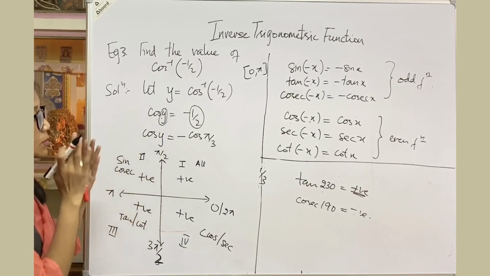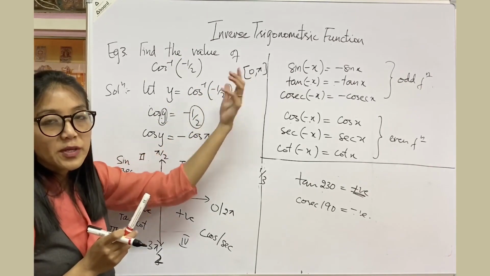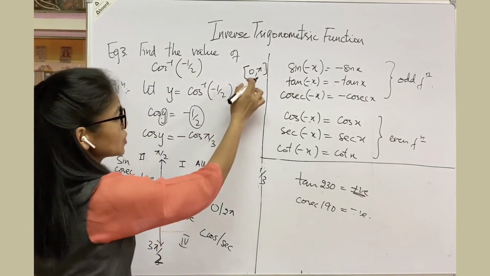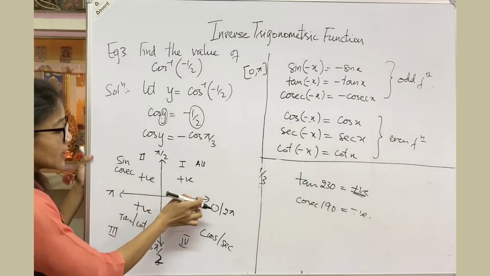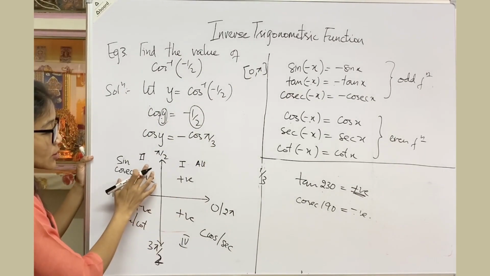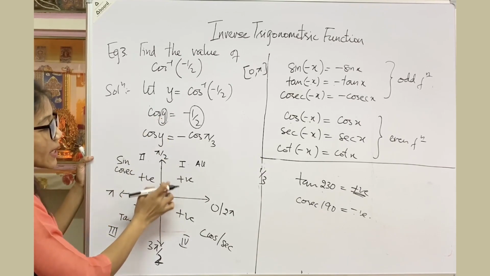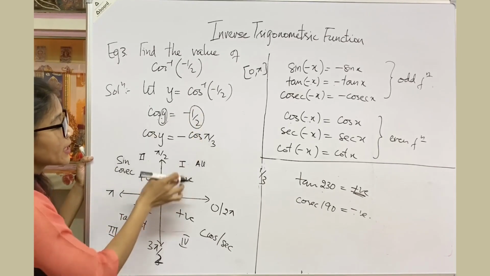Now you have to take this concept together with the principal branch, because here we are finding the principal value. This interval, 0 to pi, means first and second quadrant. There is no possibility that y will lie in the first quadrant, because in the first quadrant cos is positive, but here we got a negative value.